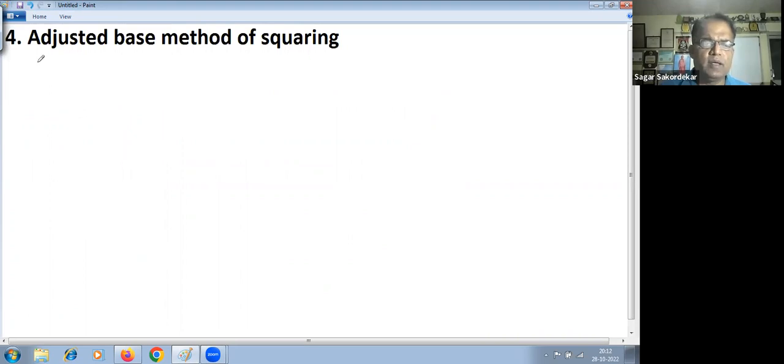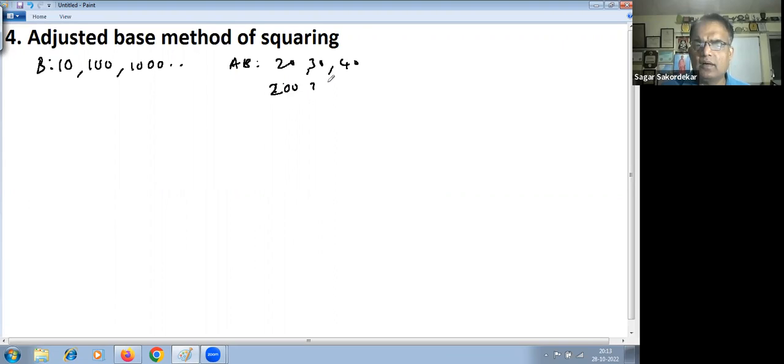So it's the same thing as you already know that base is 10, 100, 1000 and so on, whereas adjusted base will be 20, 30, 40 or 200, 300, 400. Similar concept as we just studied. Instead of 10, multiple of 10.